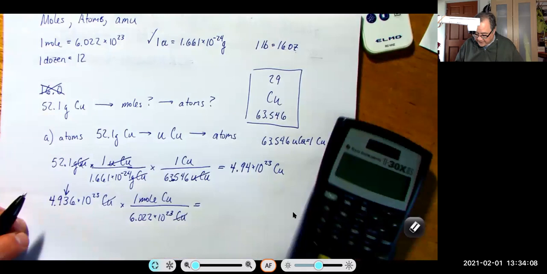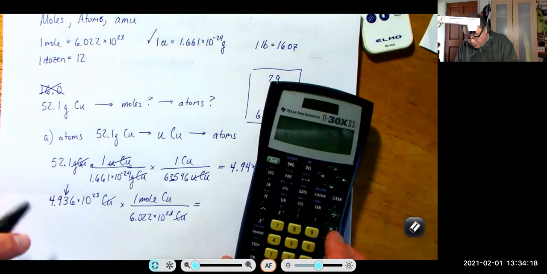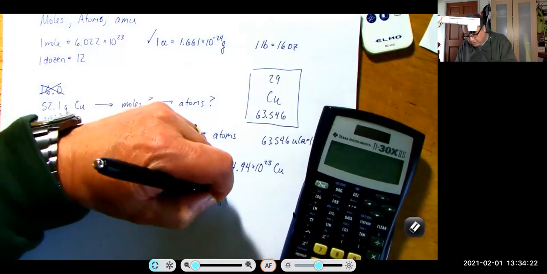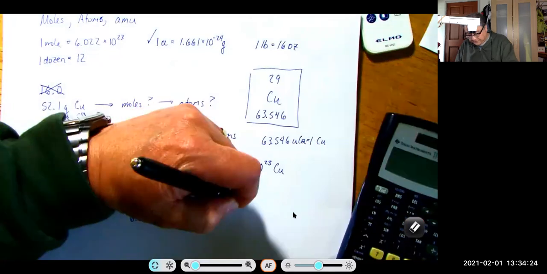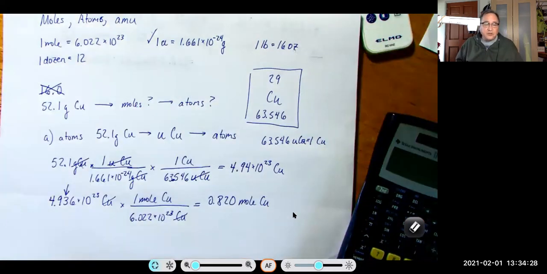So let's see what we get. And indeed, I get 0.820 mole of copper. So that's how you would do all of that.